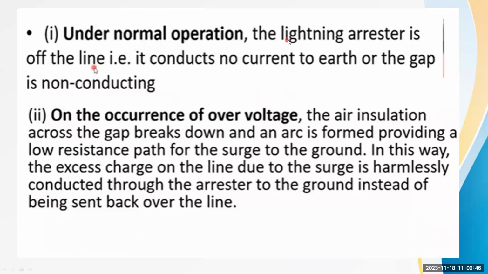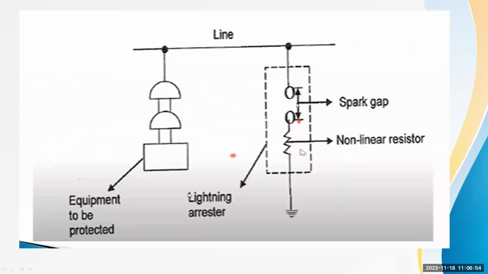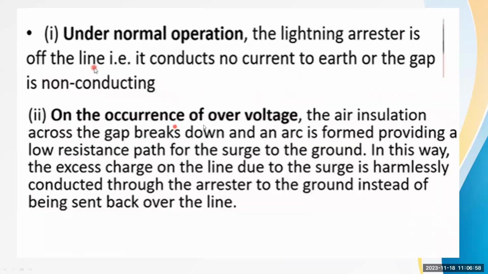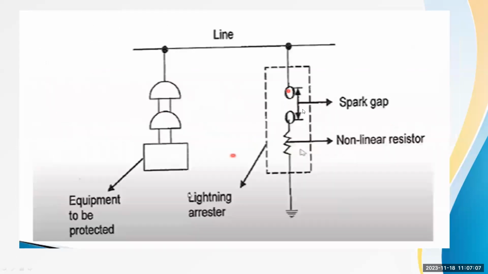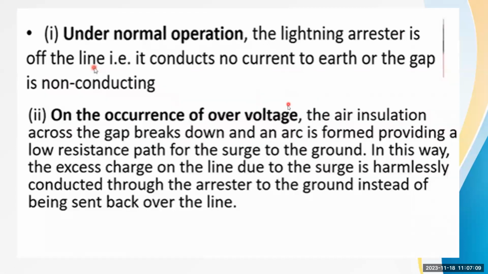Under normal operation, the lightning arrestor conducts no current to the earth gap; it is non-conducting because of high resistance. On the occurrence of over voltages, the air insulation across the spark gap breaks down, and an arc is formed, providing a low resistance path for the surge to the ground.